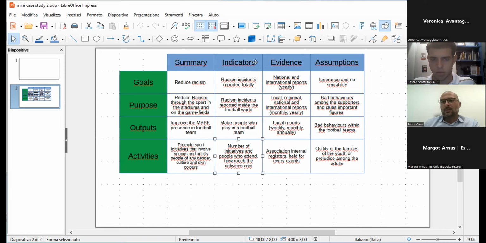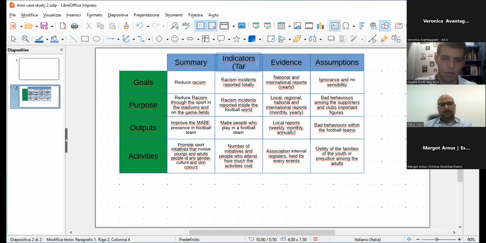I'm going to evaluate the effectiveness of your project. If you write initiatives, I will say to you, how many? How can I know if you did all your initiatives? So indicators and targets. I'm going to write here.